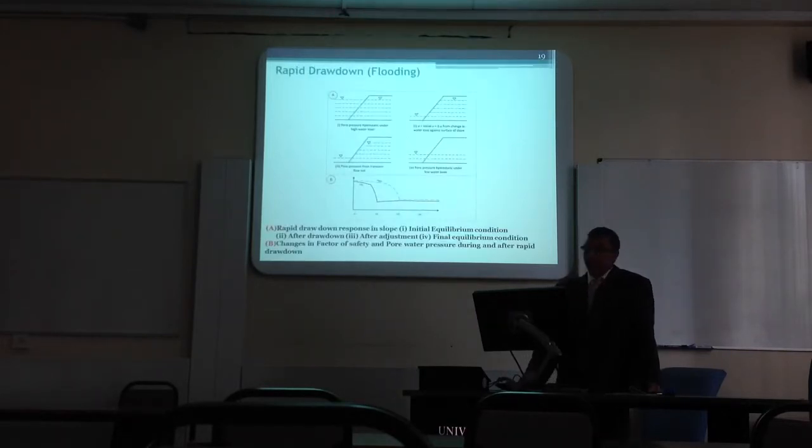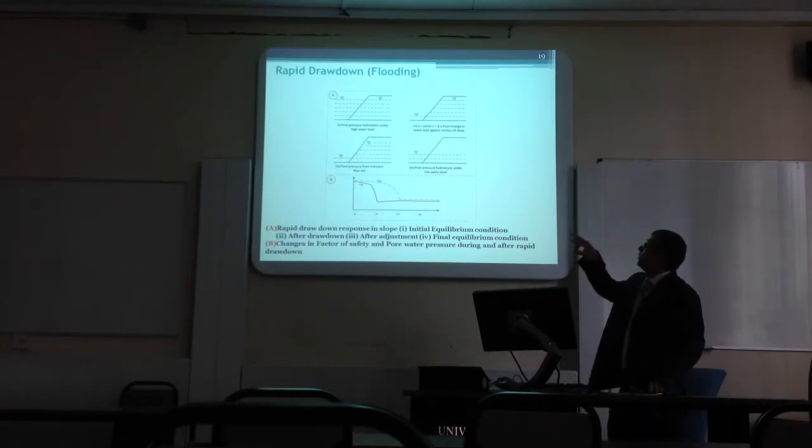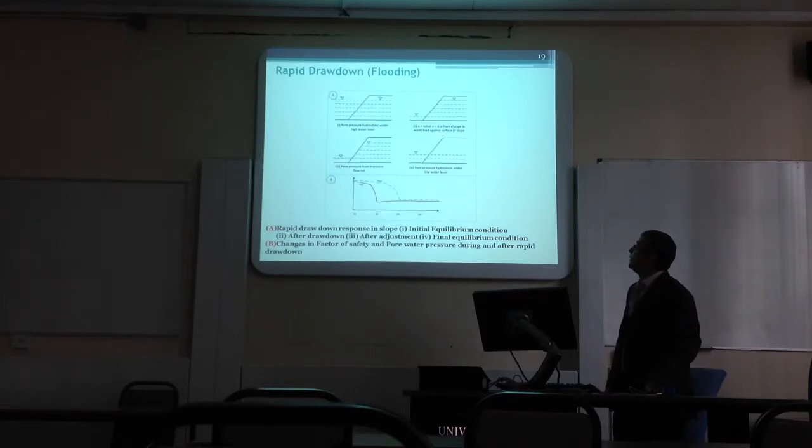In the rapid drawdown case, as you can see in figure A, the pore water pressure is hydrostatic under high water level. If the water outside the embankment is up to the level of the crest of the embankment, it is stable at that time. But soon in number 2, as you see, the water level receded.